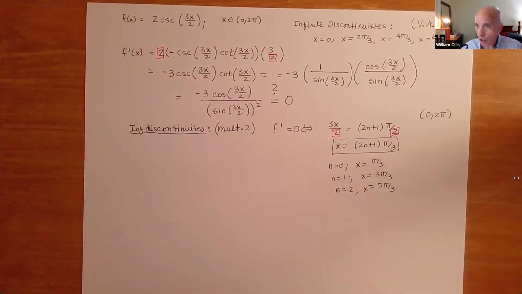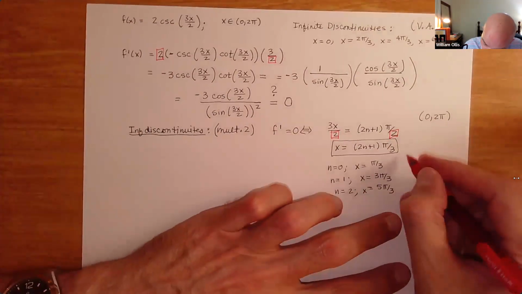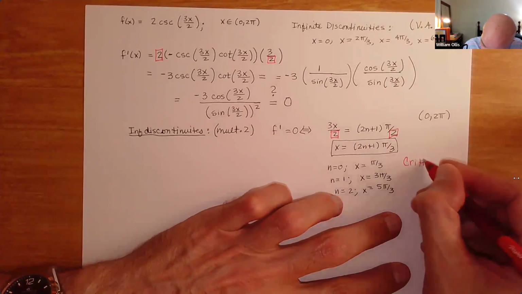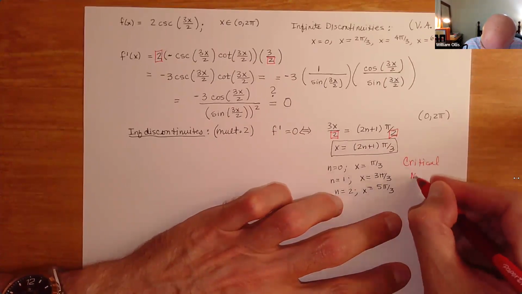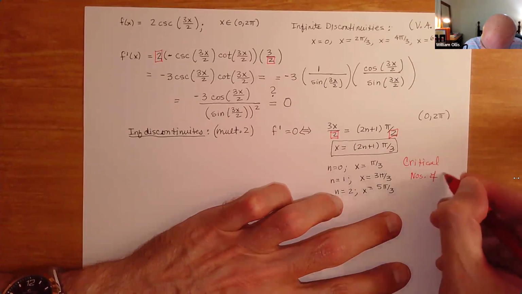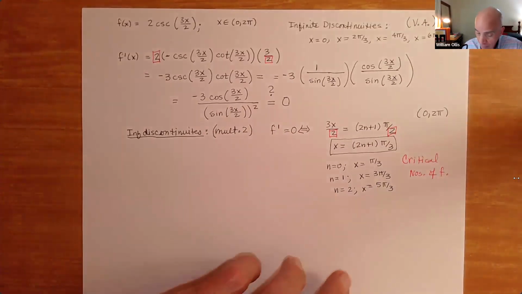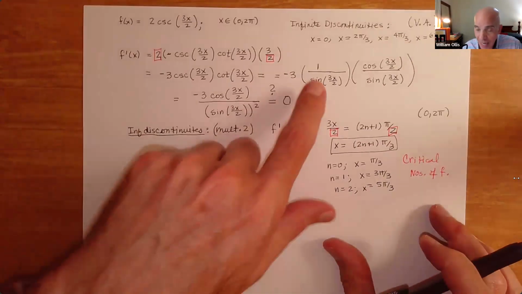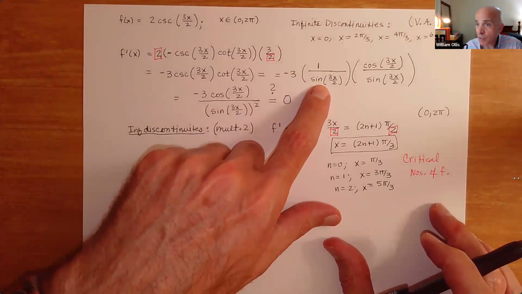So there we have our horizontal tangent. Now we see these as critical numbers of f by definition. But that doesn't mean we can discount the infinite discontinuities. Even though they're not in the domain, they will impact the sign.